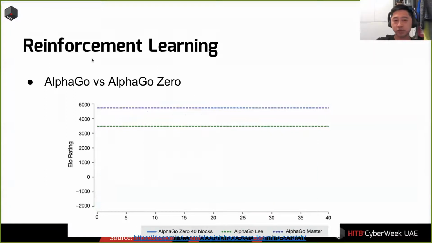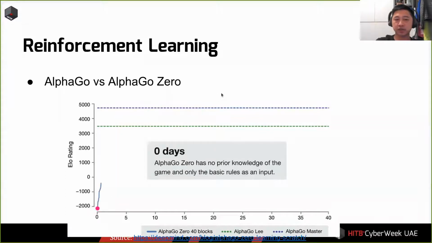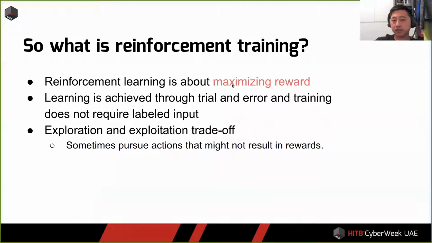So reinforcement learning is about maximizing reward. The AI is learning by itself, figuring out what is the best strategy to maximize this reward. We don't tell it how it can achieve the result. So in layman's terms, it is achieved through trial and error.